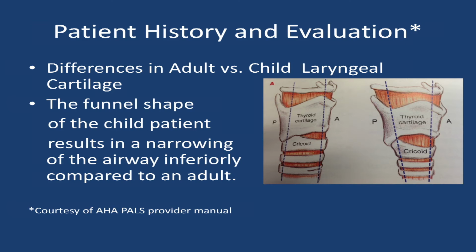In fact, it becomes the narrowest part of the trachea, and it is very difficult to insert endotracheal tubes in that particular area because it crimps down so quickly, and it may mean a reduction of the size of the endotracheal tube from what we originally thought. The funnel shape of the child patient results in the narrowing of the airway inferiorly compared to an adult.